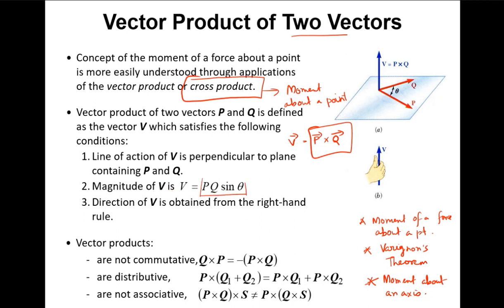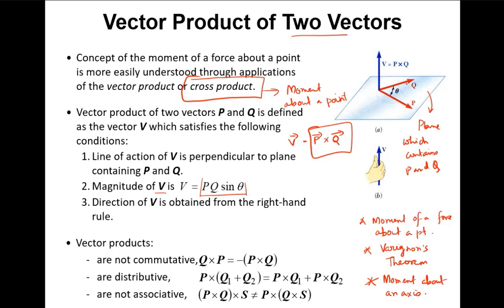Okay, now the magnitude of V is given as PQ sine theta. In dot product you had PQ cos theta, so the magnitude of V is PQ sine theta, and the direction of V is obtained from the right hand thumb rule. So here you have P. Say if I wish to find out P cross Q, say this is my plane which contains P and Q, right?